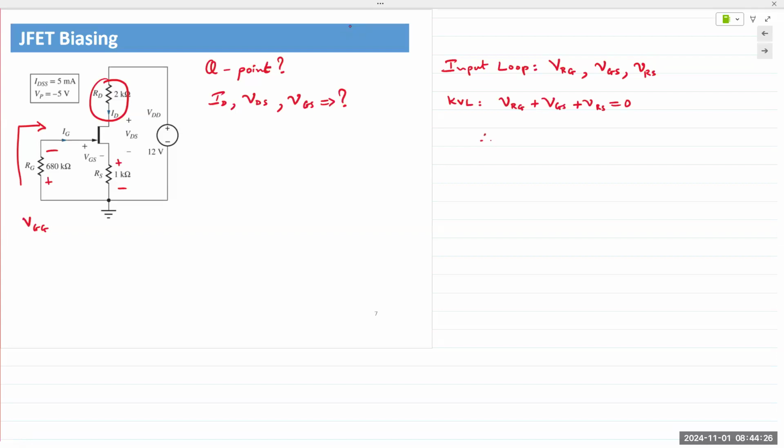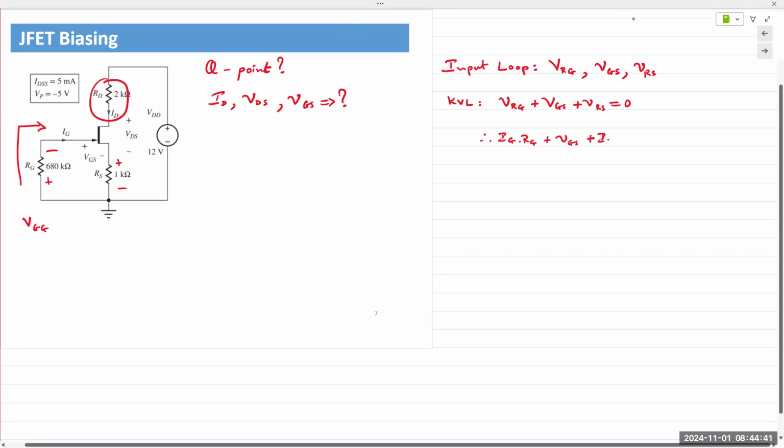Then VRG can be written as IG times RG, plus VGS, plus the source current times source resistance, equals 0.